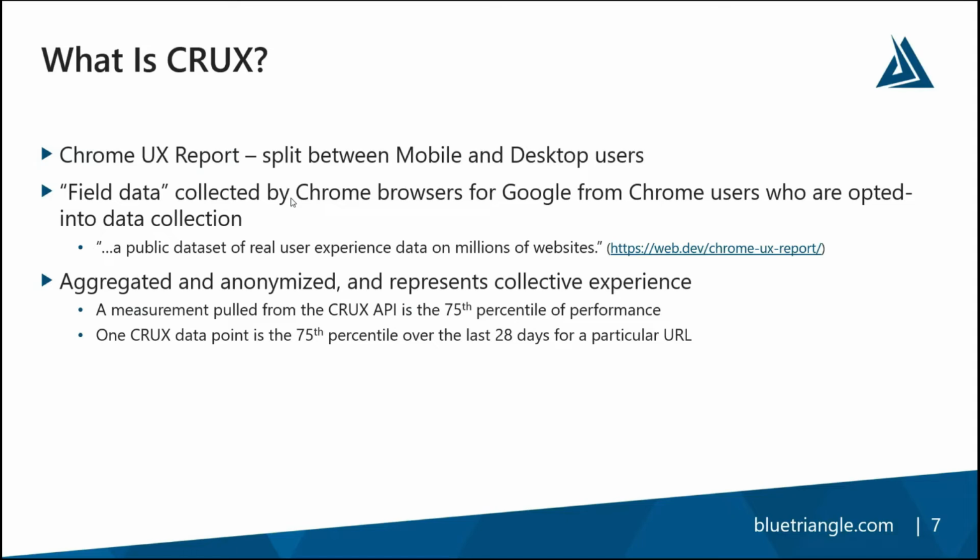Each CRUX data point, so a measurement pulled from the CRUX API, is the 75th percentile of performance, but that CRUX data point represents the 75th percentile for all users to a particular URL over the past 28 days. So it's a very nuanced kind of thing. If I pull the data for today and I pull the data for tomorrow, it's not going to be reporting on the 75th percentile of today and tomorrow.